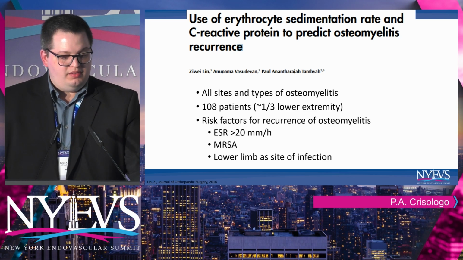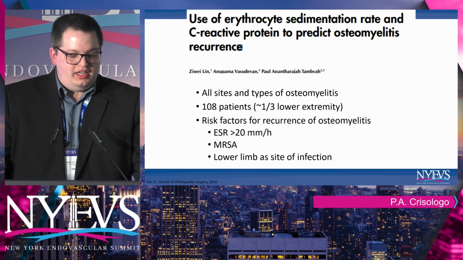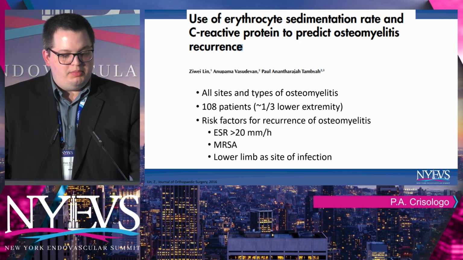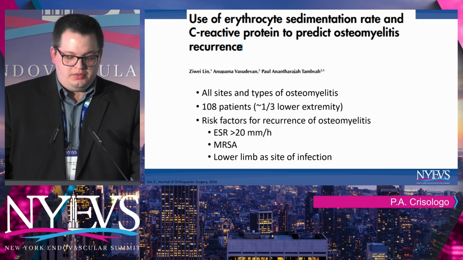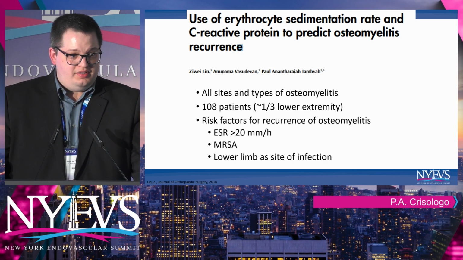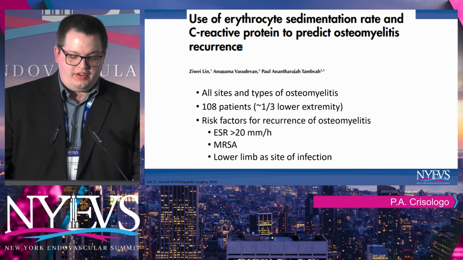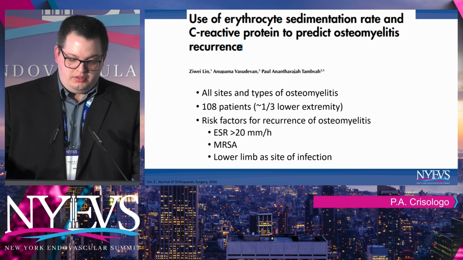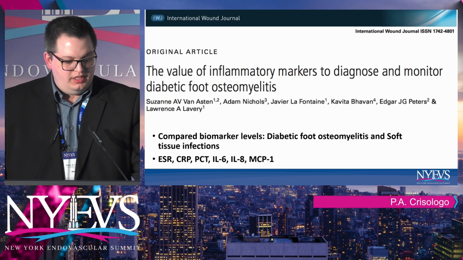And as you can see, what they find out doesn't really match up with our patients. They've said an ESR over 20 can be a risk factor of recurrence. Well, if our patients sneeze, their ESR goes over 20. And if they have kidney disease, it's almost always over that. Having MRSA was an independent risk factor. And surprise, lower extremity.